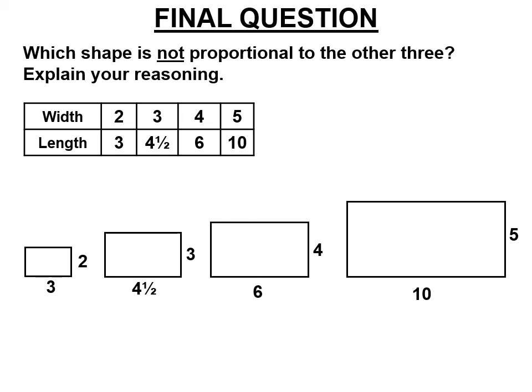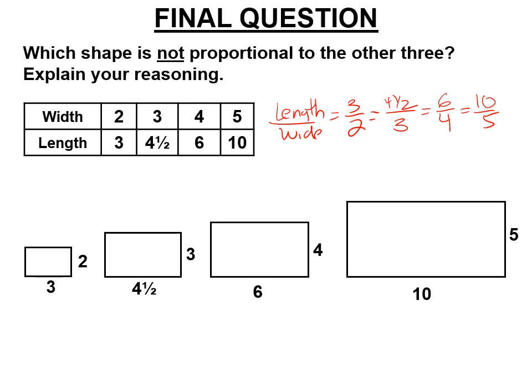Which shape is not proportional to the other three? Okay, I'm going to flip this over just to be consistent, even though it didn't say. Length to width. So it's 3/2. And so basically we're saying 3 of these are equal to each other and 1 is not. 6/4 and 10/5. Well, 3/2 and 6/4 are clearly equal, right?